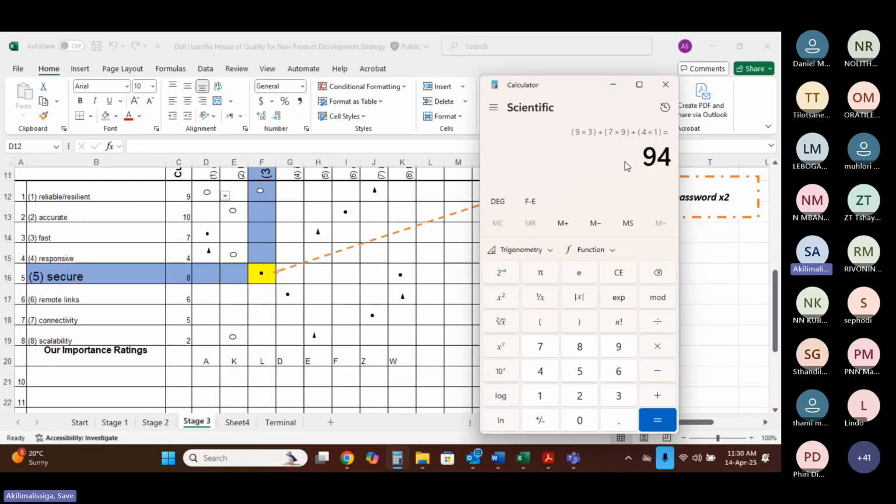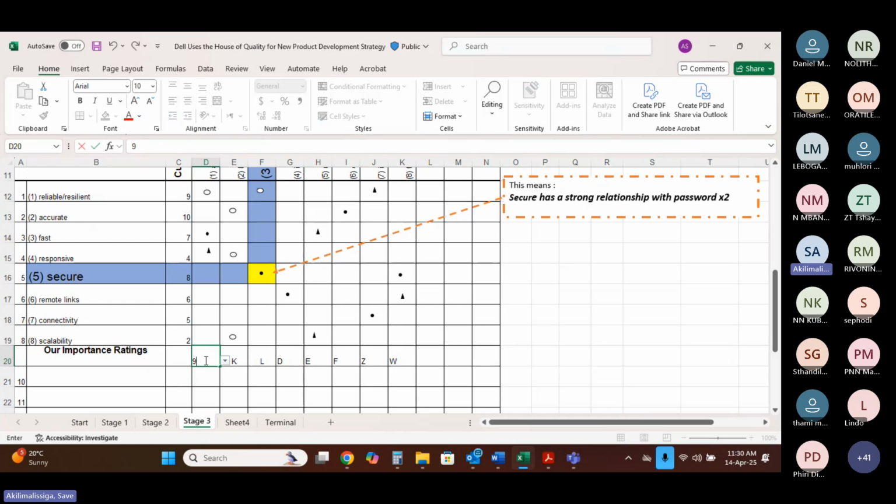And that gives us 94. So 94 is our importance rating for this cell. And then here you have 94. Obviously, you're going to do the same thing for K, L, D, E, F, and up to the last one. And I told you that the idea here is to identify the highest rating.